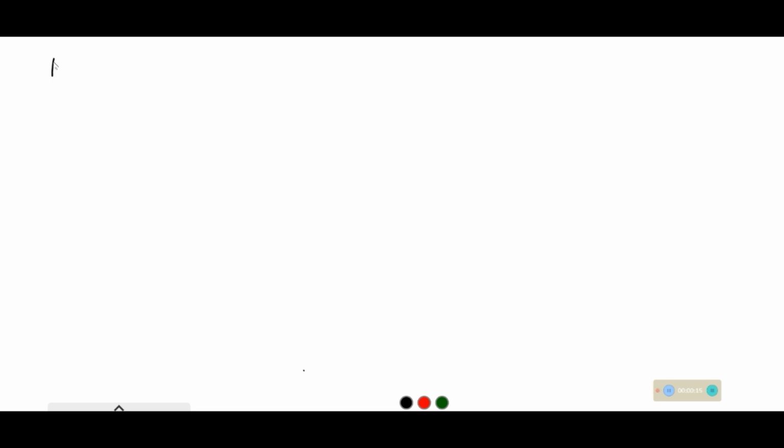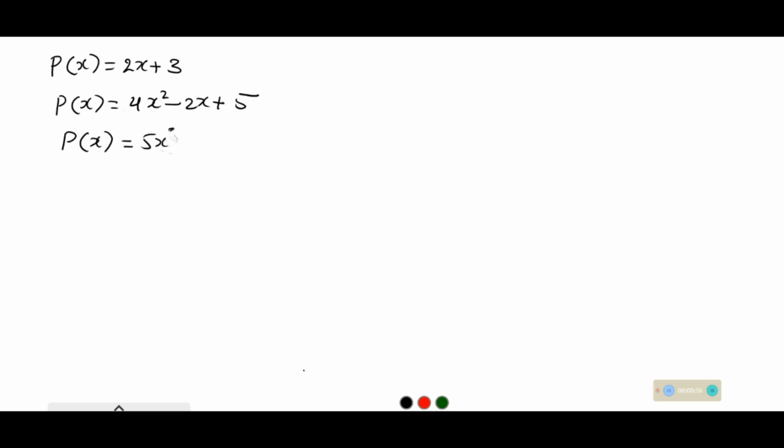Now we will see some examples of polynomial equations. P of x is equal to 2x plus 3. Another equation, P of x is equal to 4x square minus 2x plus 5. Similarly, another equation, P of x is equal to 5x cube plus 3x square plus 9x minus 10.